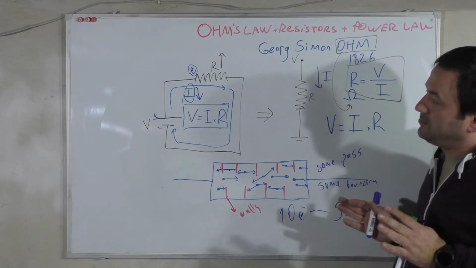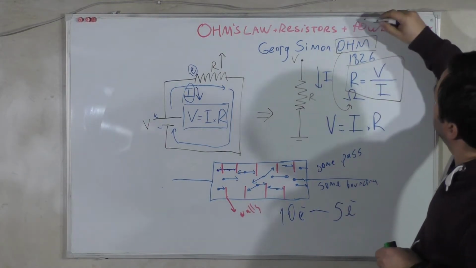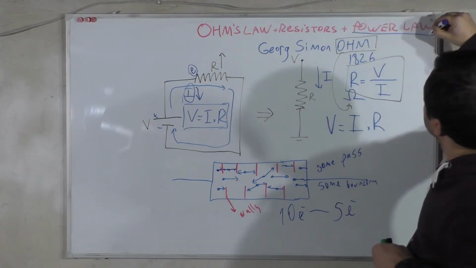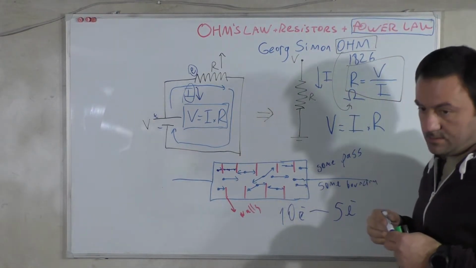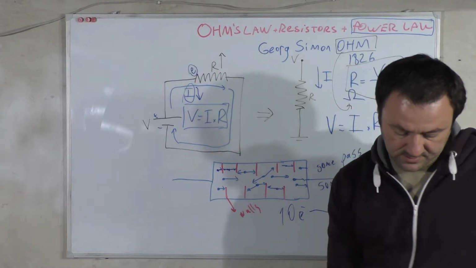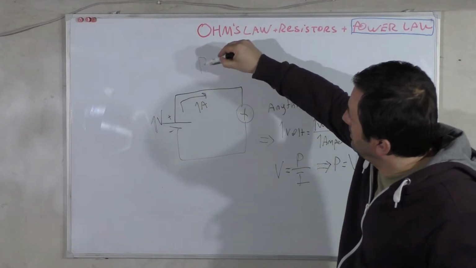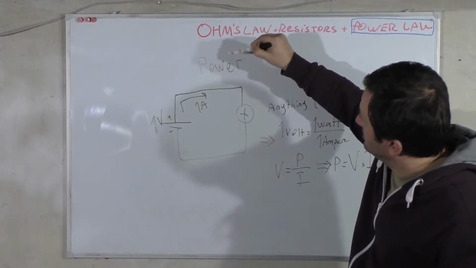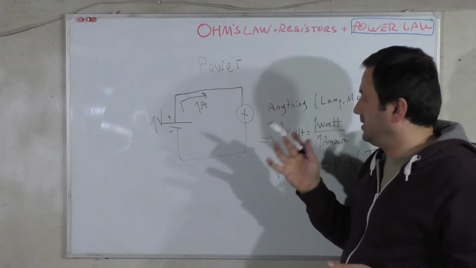I also want to describe voltage in a different way. I am going to describe voltage as power. So now I am clearing this and I am going to explain. So now we are in power. What is the power consumption of circuit components in general?